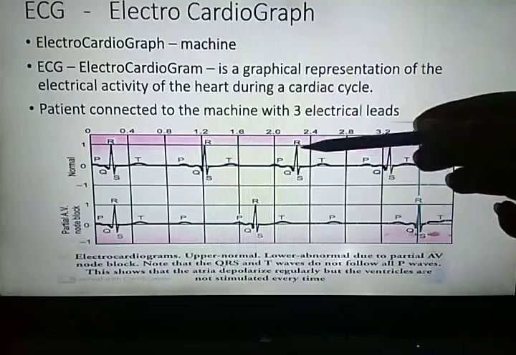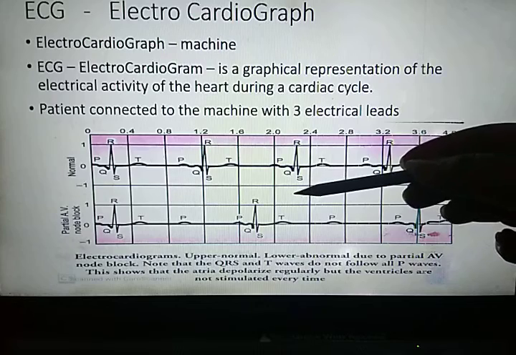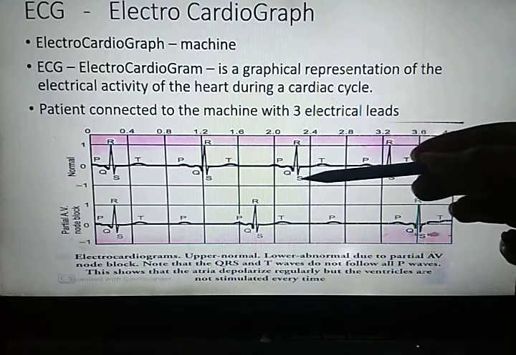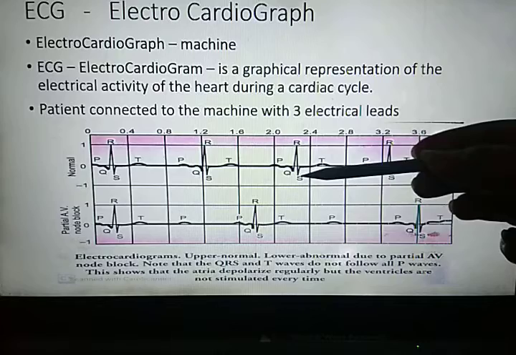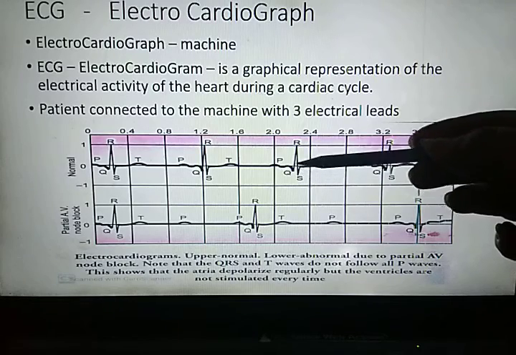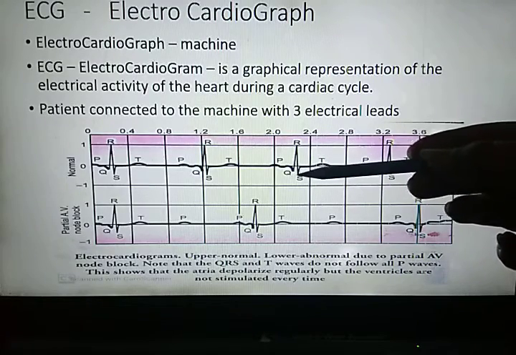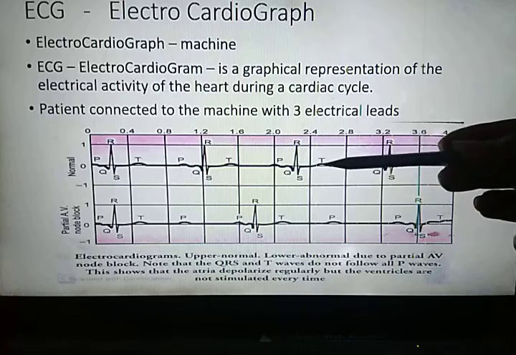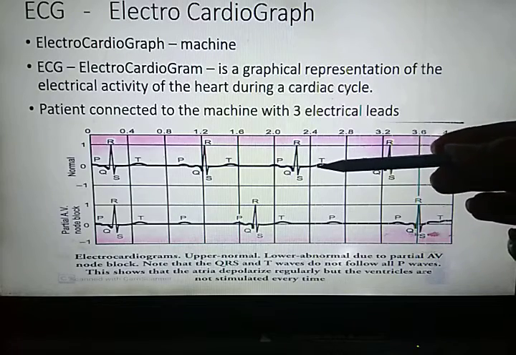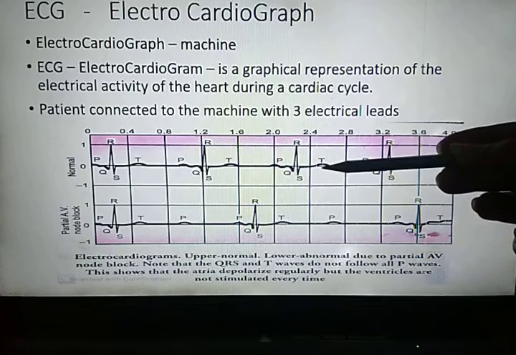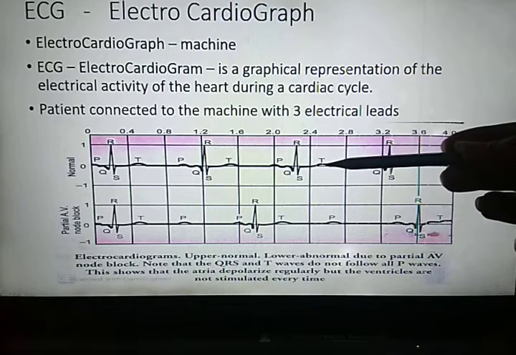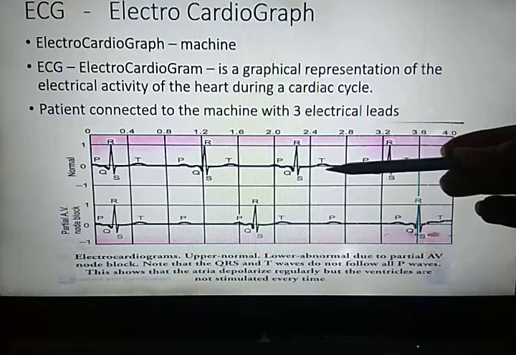Q, R, S waves represent depolarization of ventricles, or you can say contraction of the ventricles. And T wave represents the repolarization of ventricles. That is, repolarization means relaxation of ventricles.